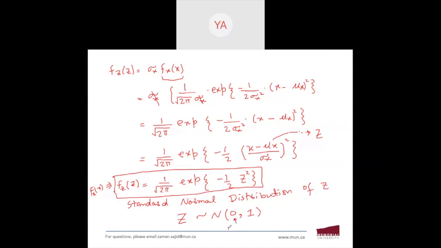So this is my mean value and this is my standard deviation. So in the standard normal distribution, the mean value will be 0 and your standard deviation will be 1. Folks, I need to go to the next slide, please.